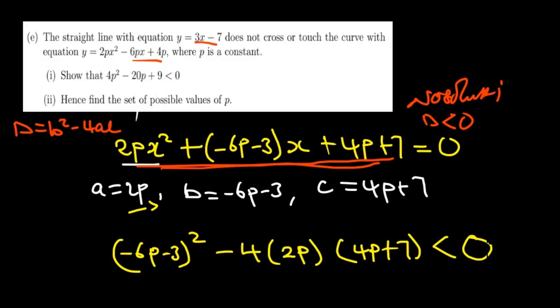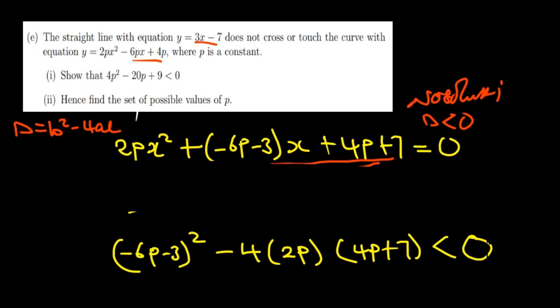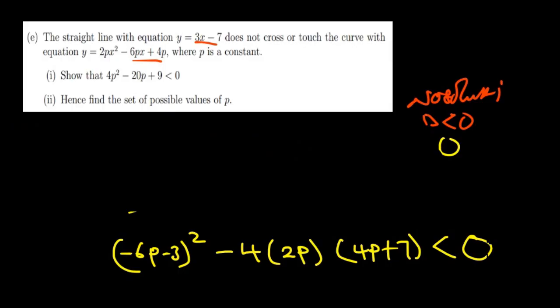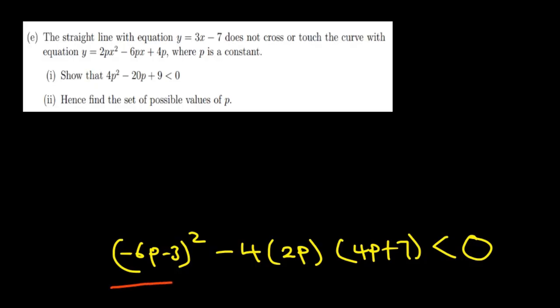From here, what are we going to do? We are going to try and simplify this equation. Let's start with this one. Here we are multiplying minus 6p minus 3 with minus 6p minus 3. So minus 6p multiplied by minus 6p, I'm going to have 36p squared.